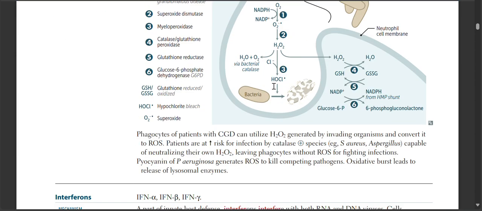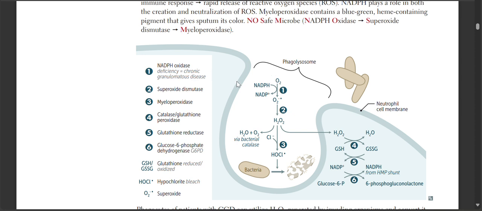Now, before we start talking about why this step is important, the idea behind the oxidative burst is to kill the bacteria. The most powerful enzyme, I would say, that the body can produce is bleach, which is HOCl. Bleach just kills bacteria. Your body doesn't make a lot of bleach, it just makes it as required. So what does the body make bleach from?